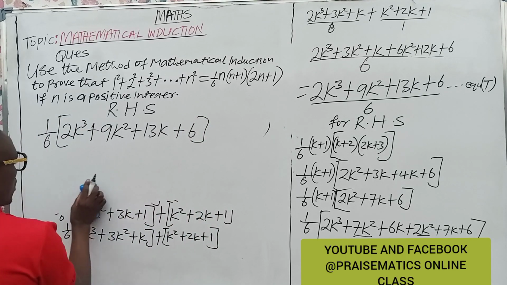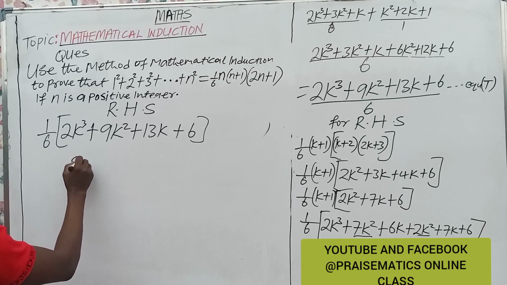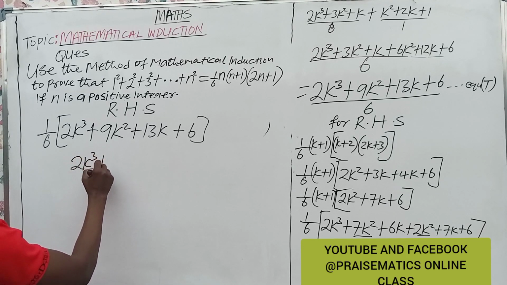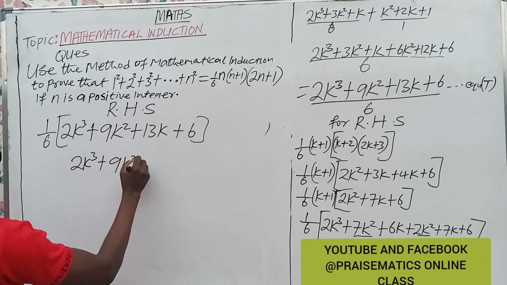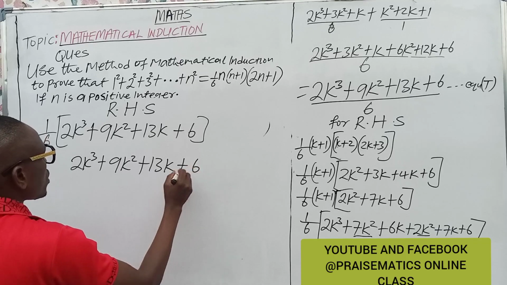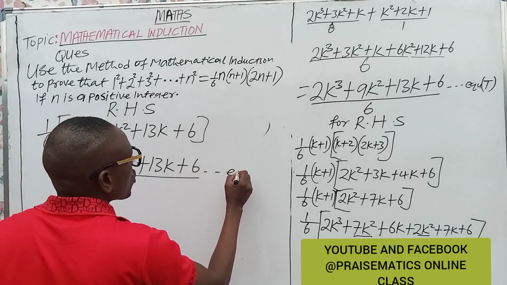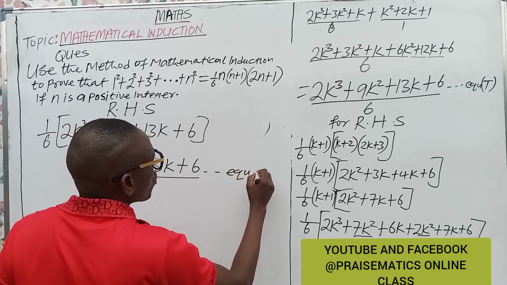So this is the same thing as saying 2k cubed plus 9k squared plus 13k plus 6, all over 6. Call it equation P.